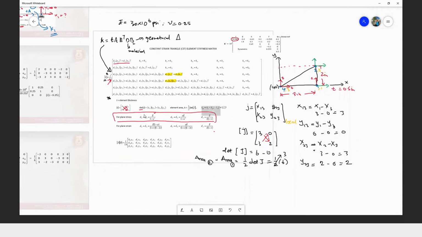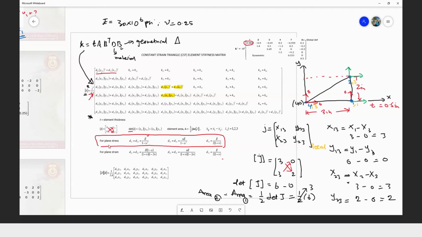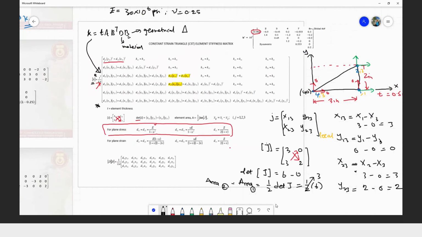Now, since we have that information, we straight away plug it into the plane stress equation for the variables D11, D22, D12, D21, and D33. So I hope you can help me at this stage in order to obtain this information.